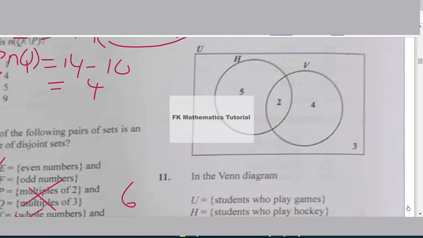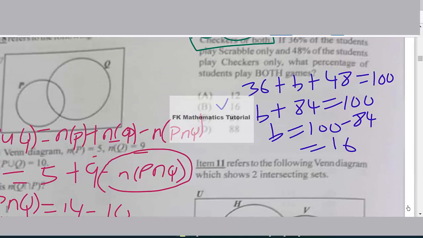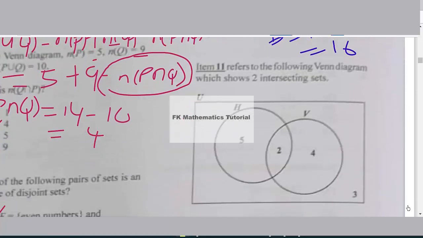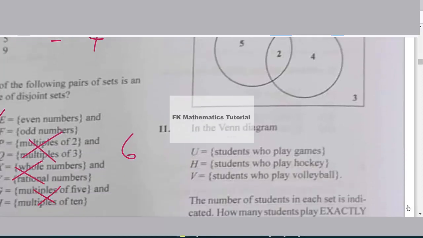Let's look at number 11. Item 11 refers to the following Venn diagram, which shows two intersecting sets. In the Venn diagram, U is students who play games, H is students who play hockey, then we have V, students who play volleyball. The number of students in each set is indicated.